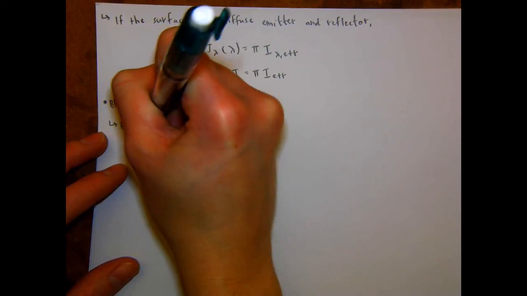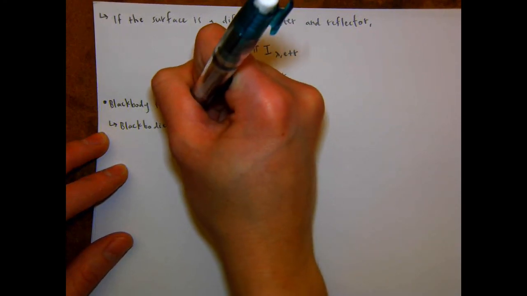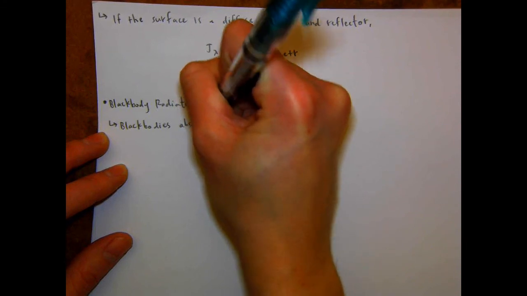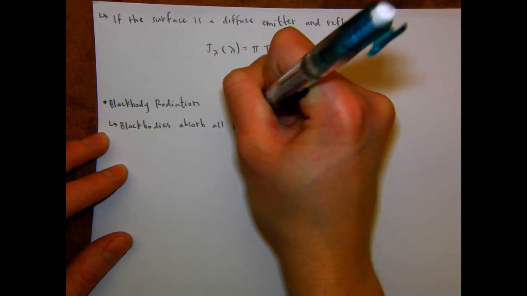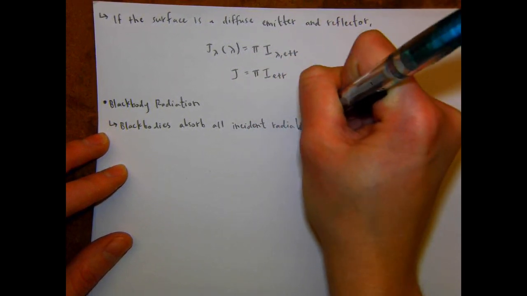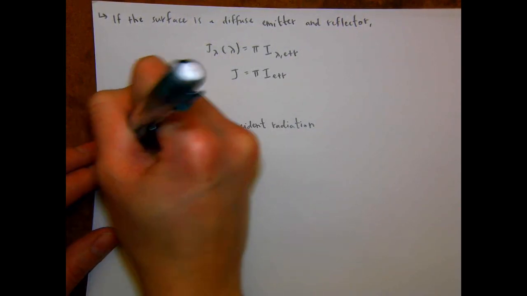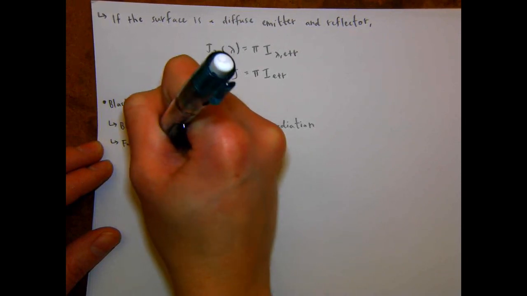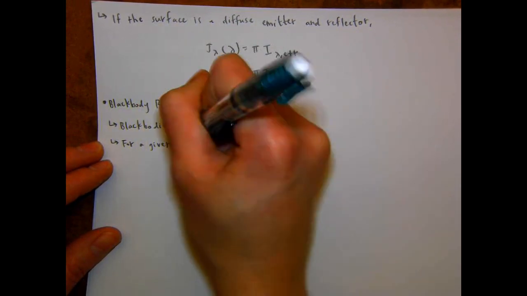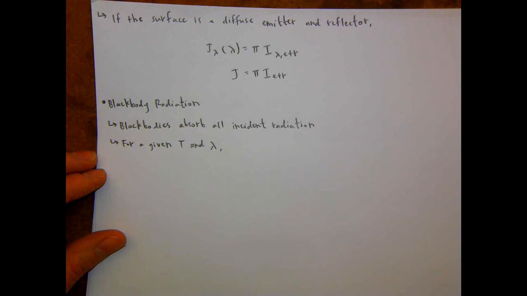So we know that black bodies absorb all incident radiation, regardless of the wavelength and direction that it's incident from. So absorb all incident radiation. For a given temperature and wavelength, no surface can emit more energy than a black body, so it's a perfect emitter.